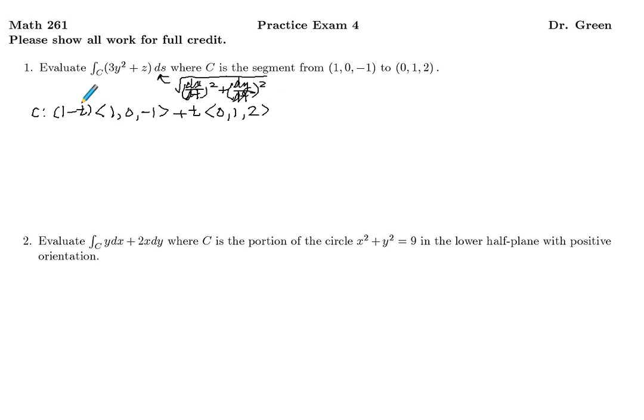Let's simplify this coordinate-wise. So (1 minus t) times 1 is 1 minus t, plus t times 0. So that first coordinate is just 1 minus t.